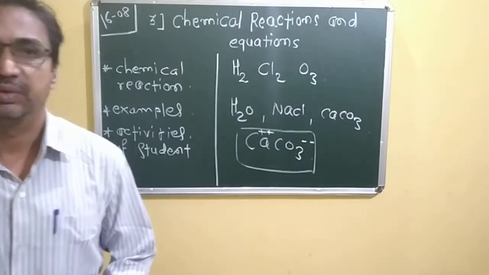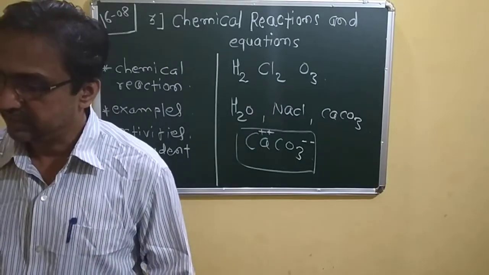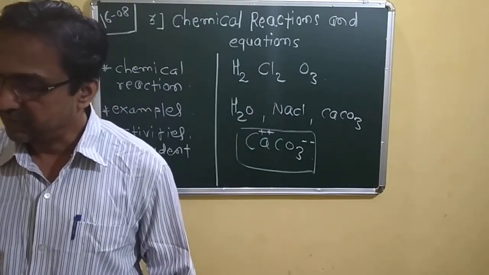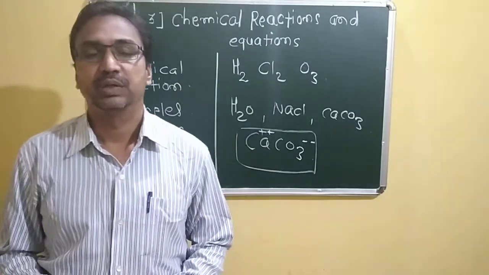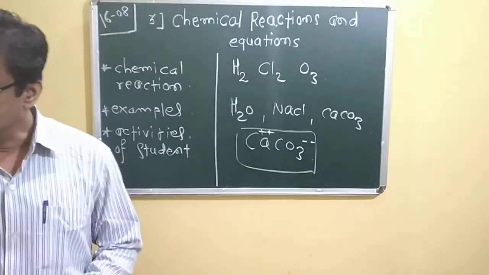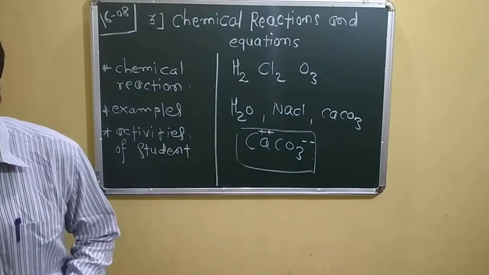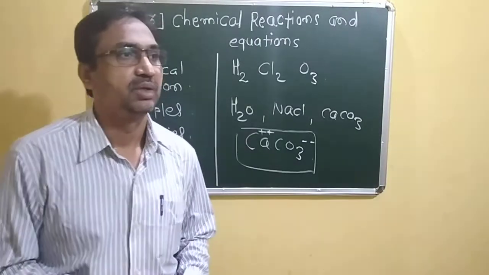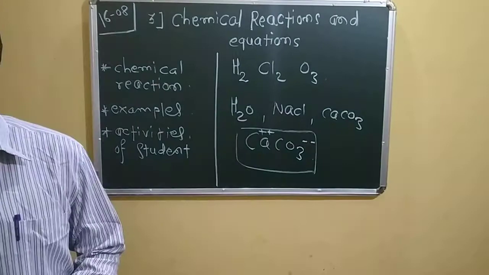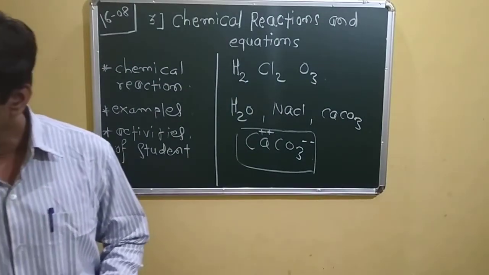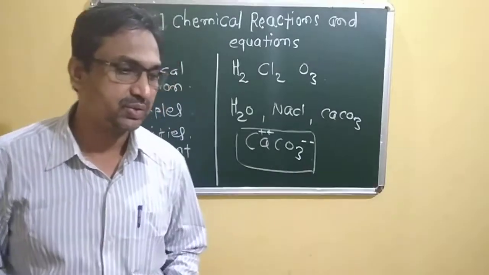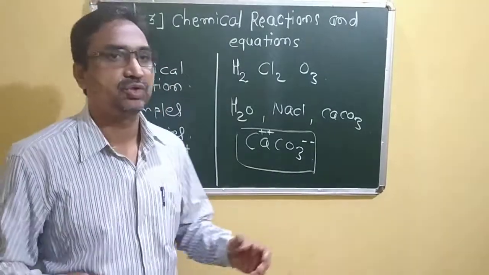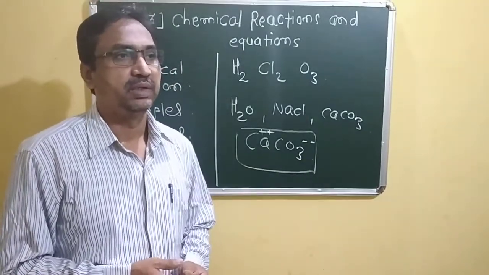In our book it is given that in the 19th and 18th century the fundamental experiment of chemical reactions was carried out, and they proved that during a chemical reaction, the composition of matter changes, and that change remains permanent. So a chemical reaction is where the composition of matter changes and it remains permanent.